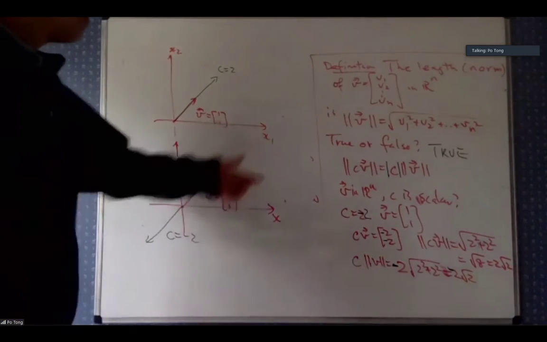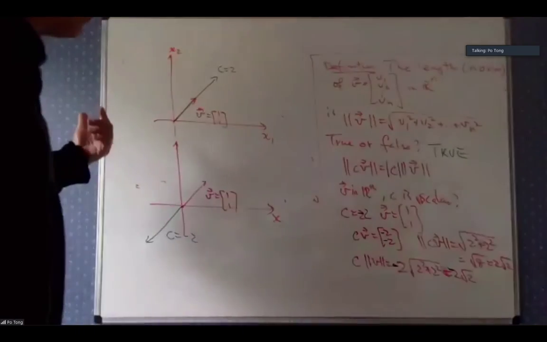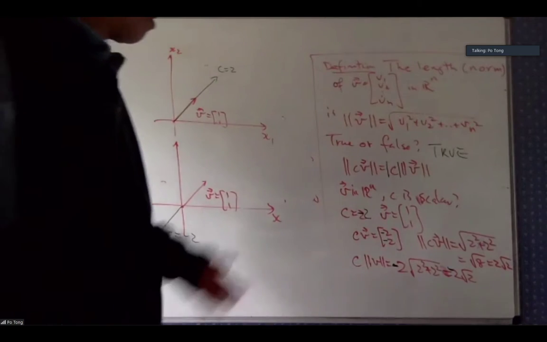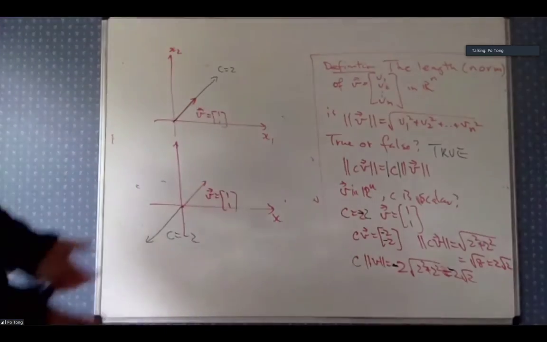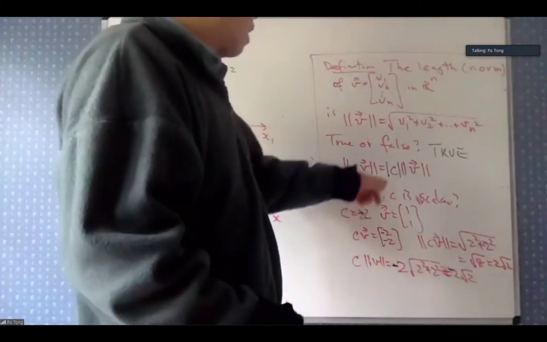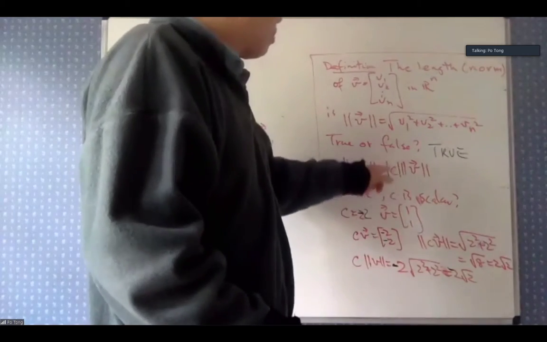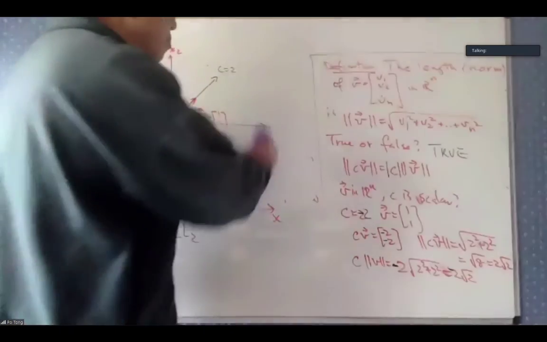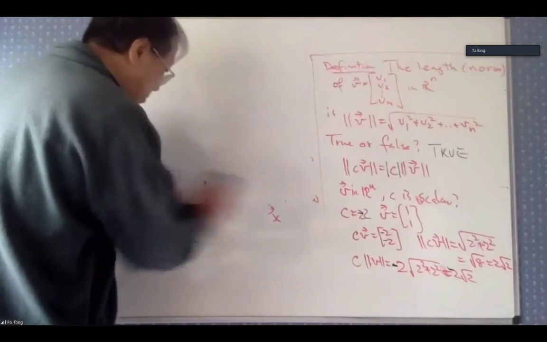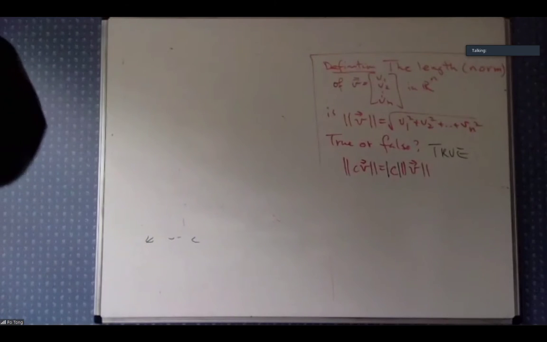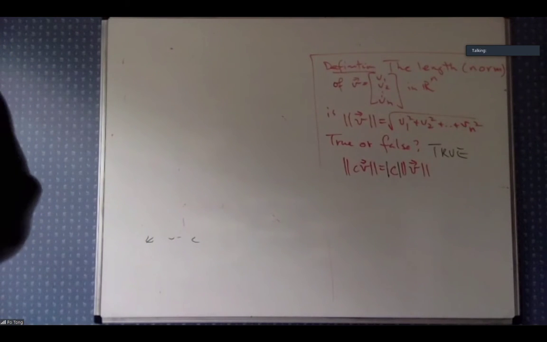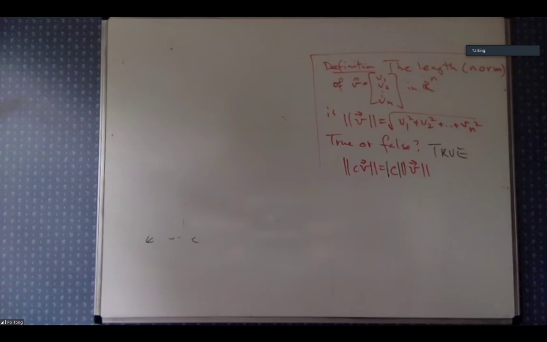Multiplying by a negative scalar turns the vector in the opposite direction, but the length is still positive.